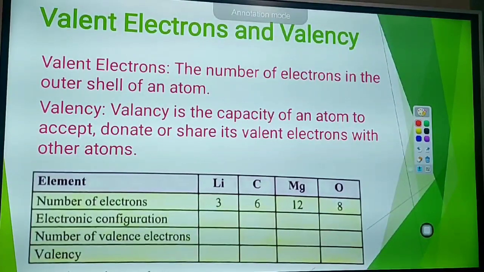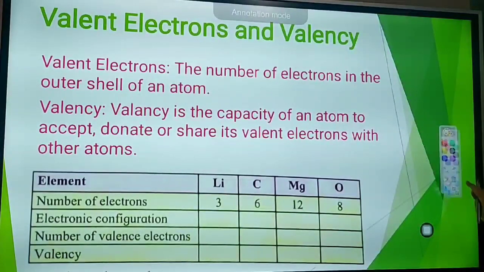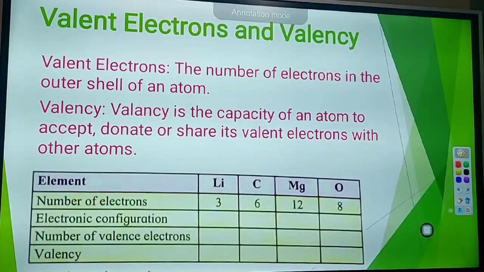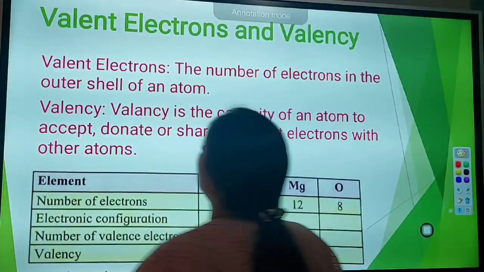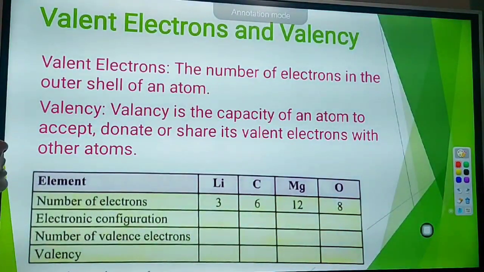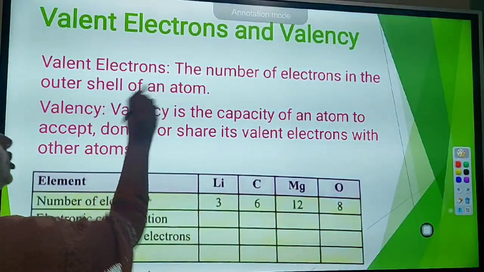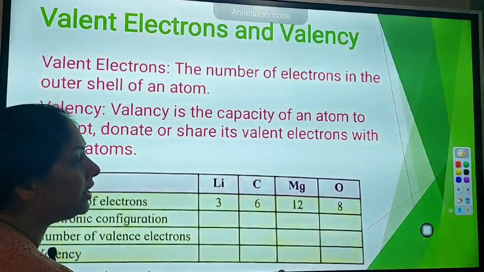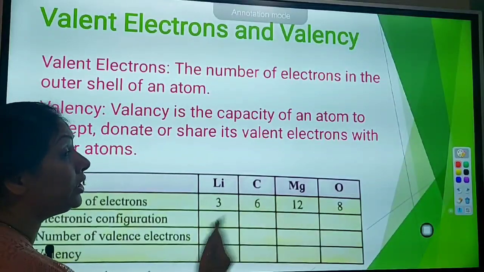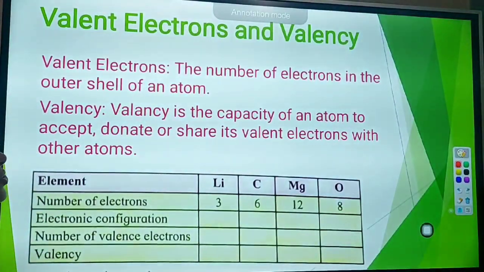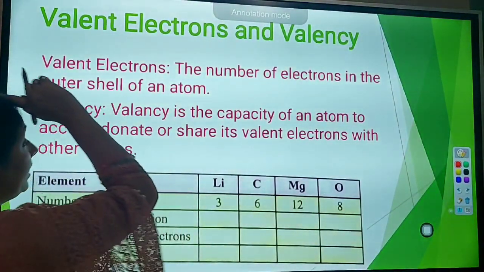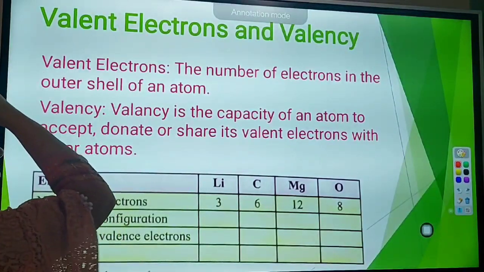Let's go on, valent electrons and valency, we just spoke about it. Let's elaborate or go through it. What are valent electrons? The number of electrons in the outermost shell, where donation and acceptance happens, those electrons we call valent electrons.